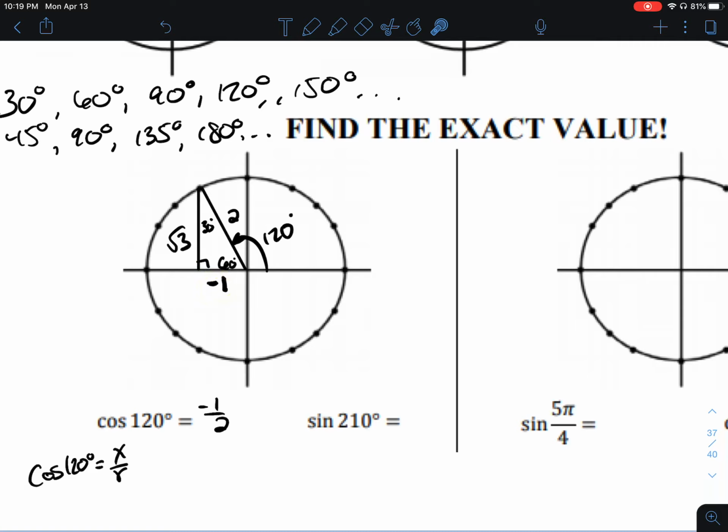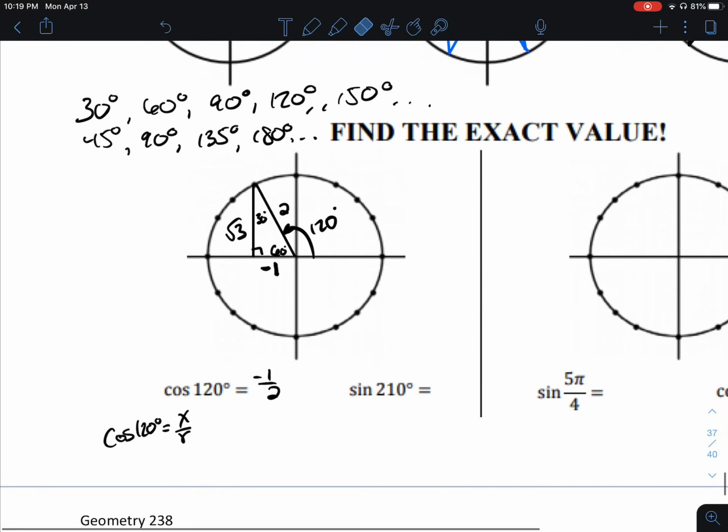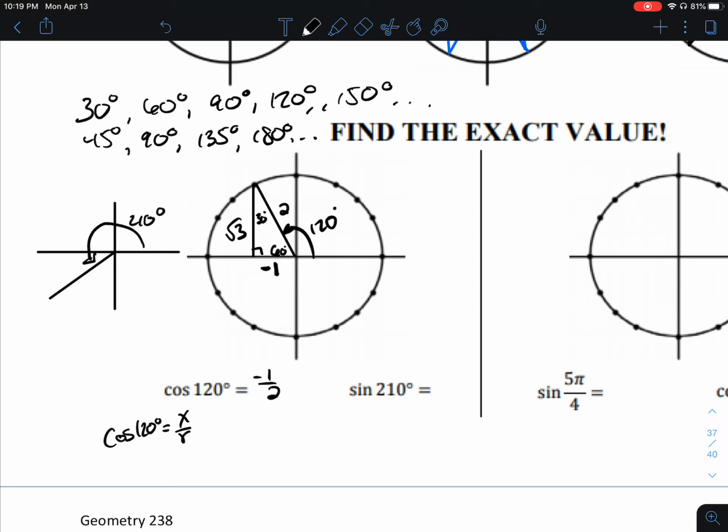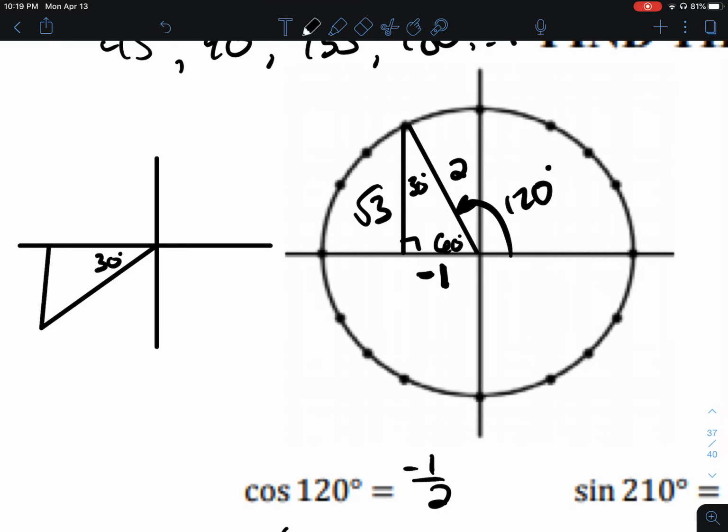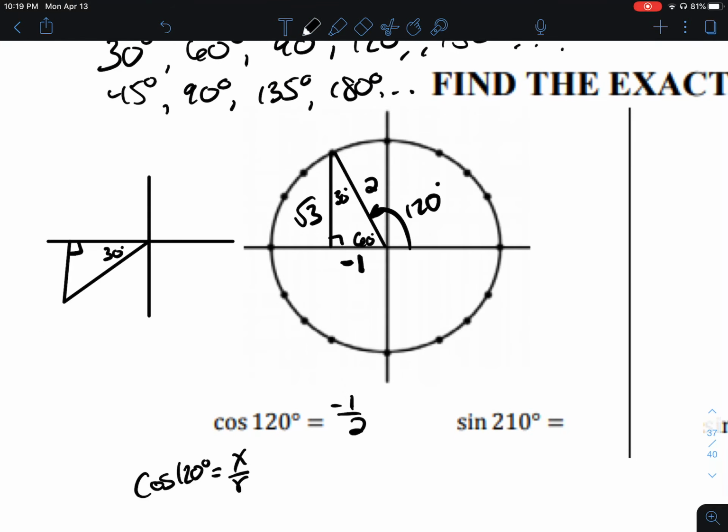What's sine of 210 degrees? Well, 210, let me draw a separate picture for this. That's going to fall into quadrant 3. Here to here is 210 degrees. What's that make the reference angle? Well, it's 180 from here to here, so the reference angle here is going to be 30. Picture is not drawn to scale.